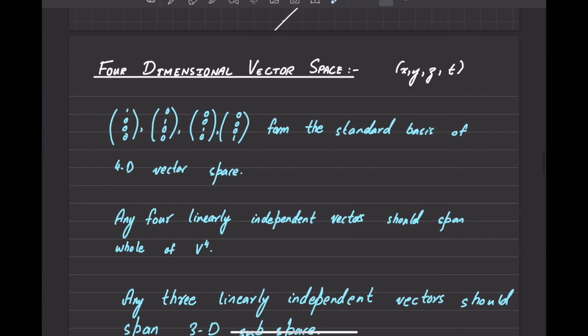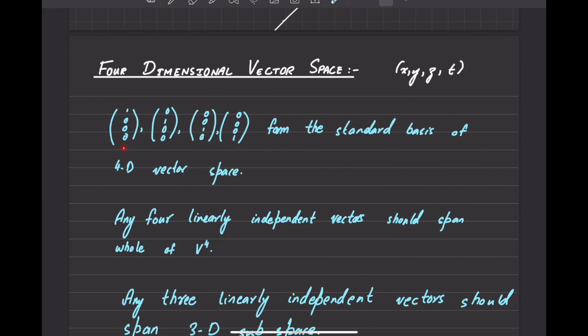So guys, we extrapolate the idea to the four-dimensional vector space. When we have a four-dimensional vector space, again we can say that to represent the entire four-dimensional vector space, we can have the standard bases as (1, 0, 0, 0), (0, 1, 0, 0), (0, 0, 1, 0), and (0, 0, 0, 1).